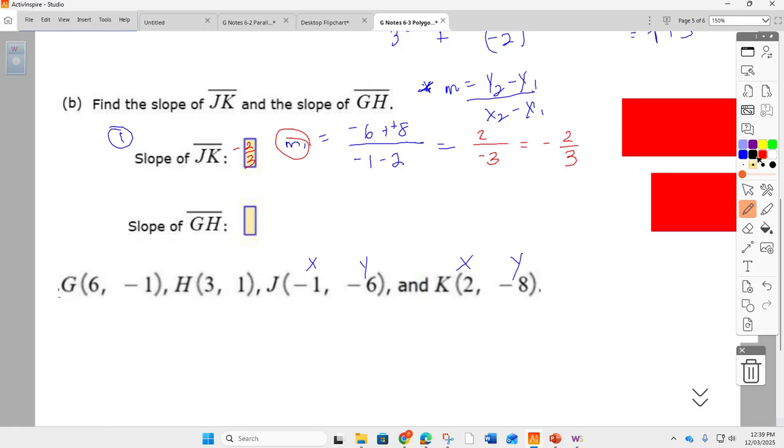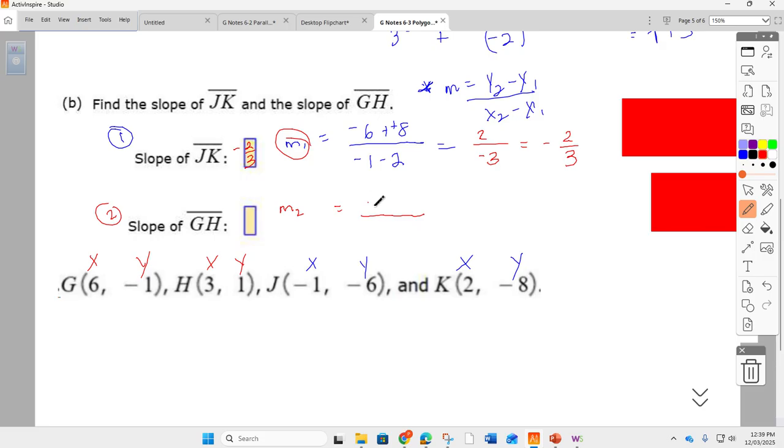So now we're going to find the slope here. So the other side. So it's going to be x and y, x and y. So what's going to go on the top of my fraction here? Amaria, what's going to go on the top of my fraction? -1 minus 1, yep.